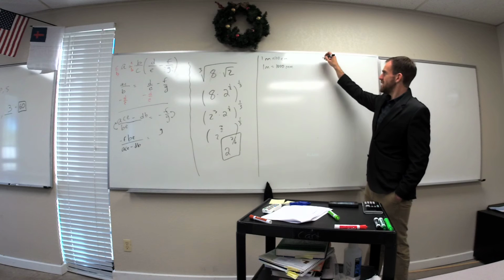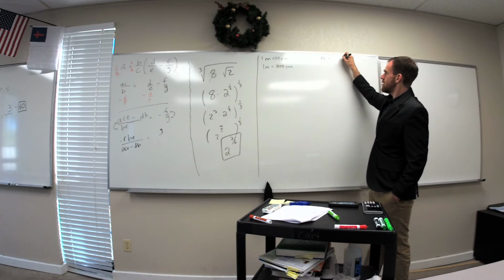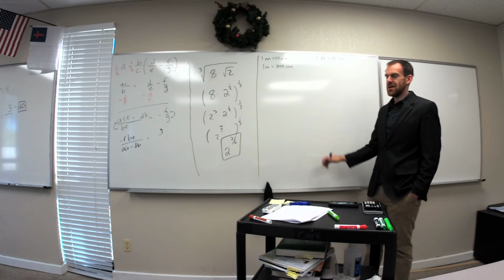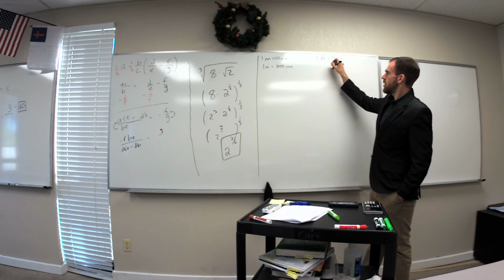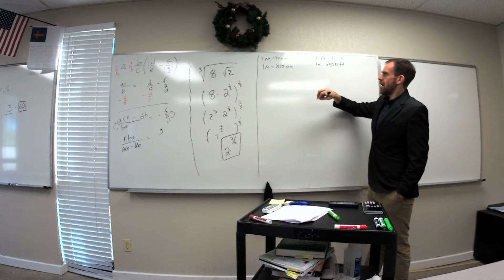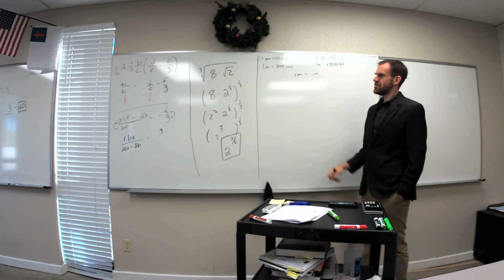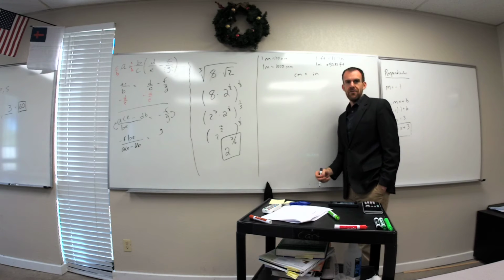How about feet and inches? 12 inches, 1 foot. How about feet and miles? 5,280. How about centimeters to inches? 2.54.